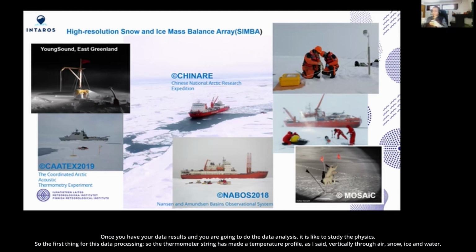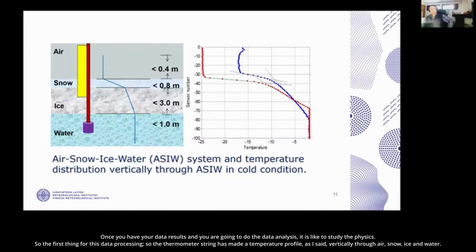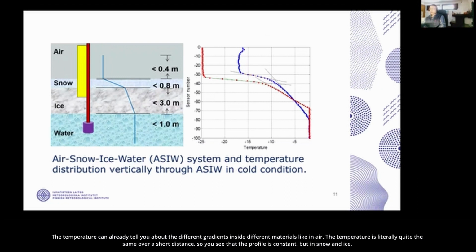The first thing for data processing: the thermometer string measures the temperature profile, as I said, vertically through air, snow, ice, and water. And the temperature can already tell you the different gradients inside different materials. Like in air, the temperature is quite the same over a short distance.